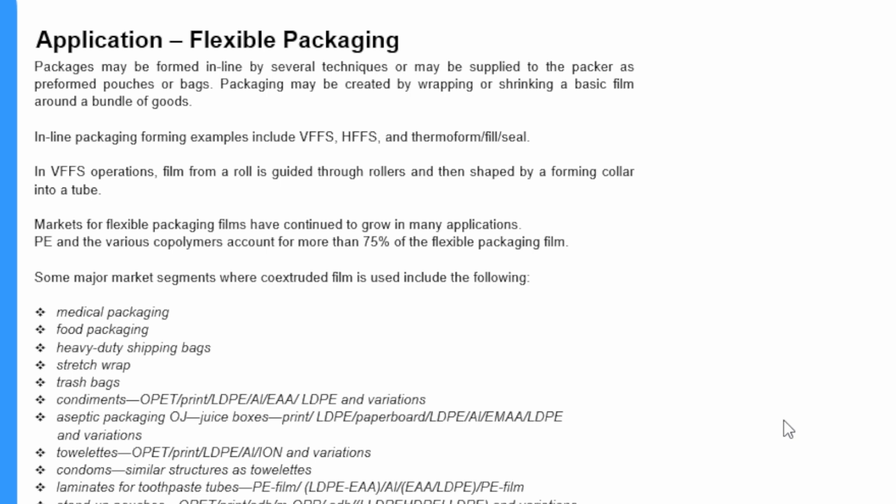Polyethylene and the various copolymers account for more than 75% of the flexible packaging film.